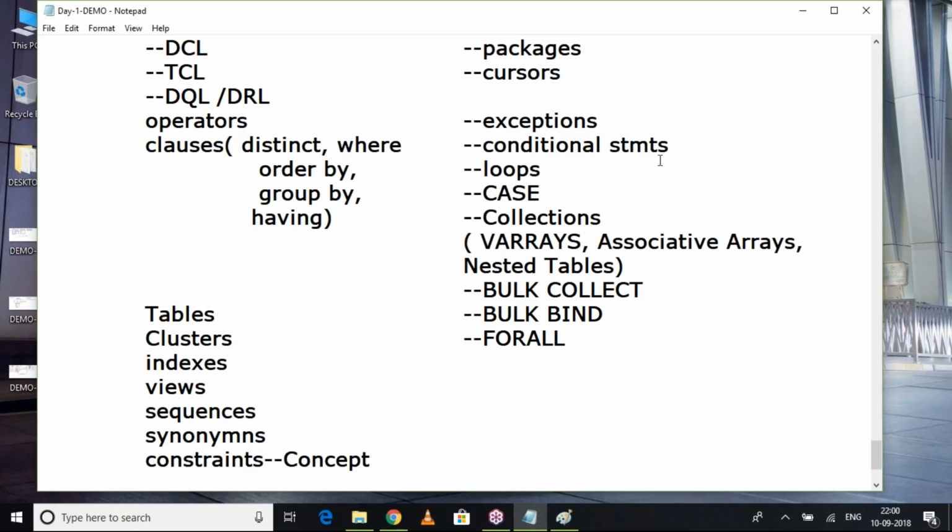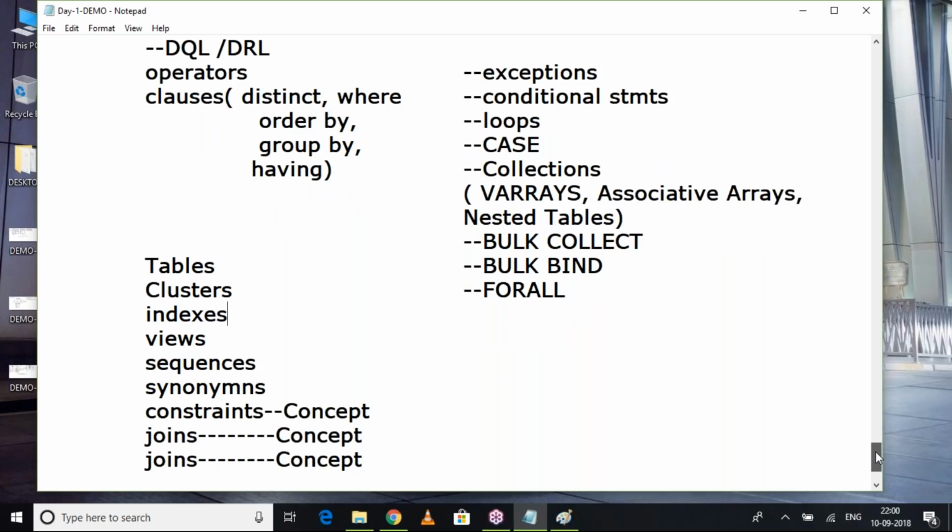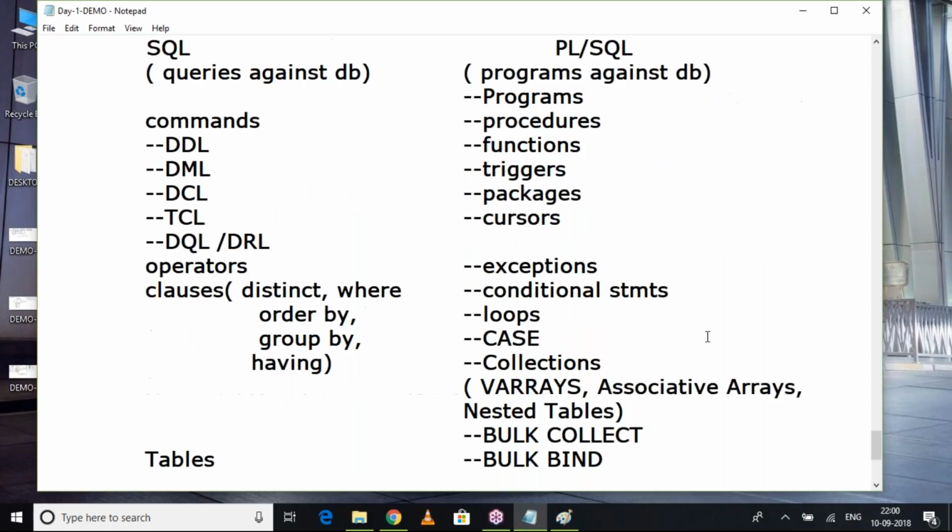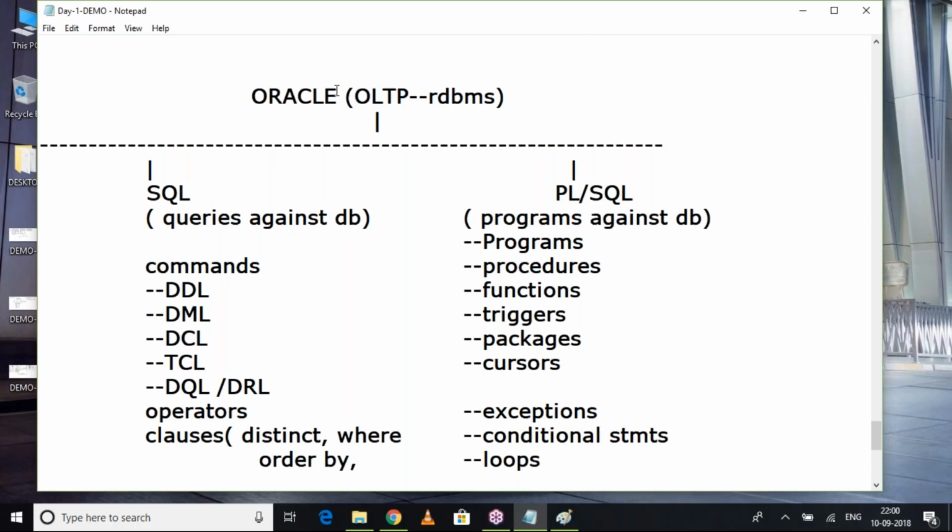Collections means arrays. What is bulk collect? What is bulk bind? What is FORALL? What is execute immediate? All these we will discuss under PLSQL. The total duration of the course is 50 days, at max 60 days.